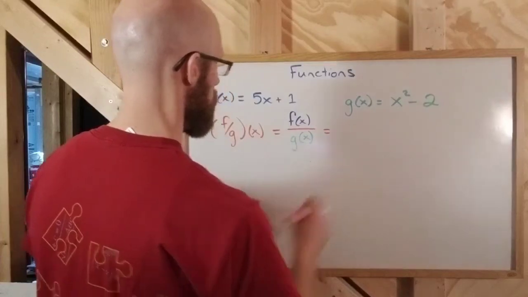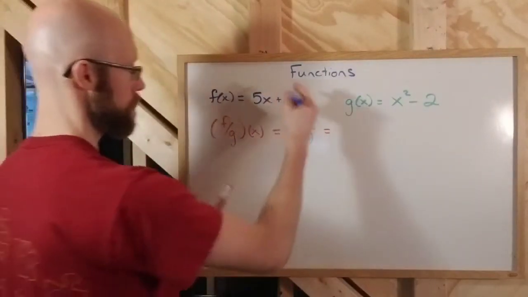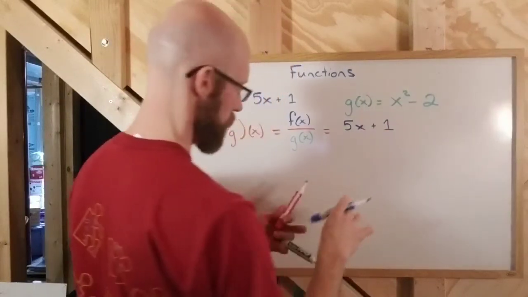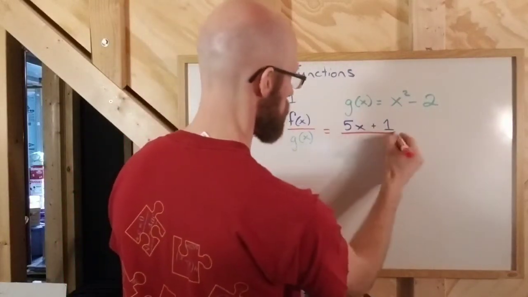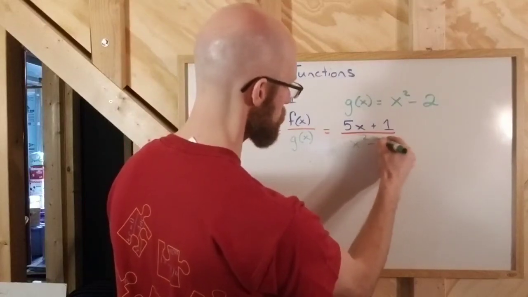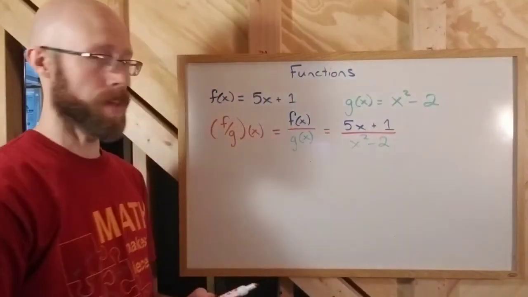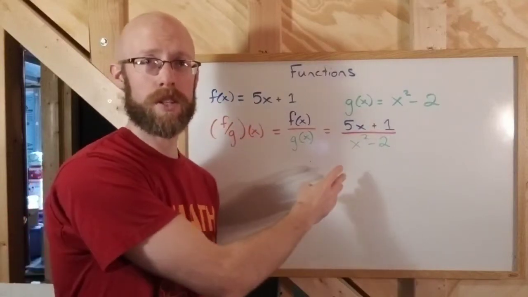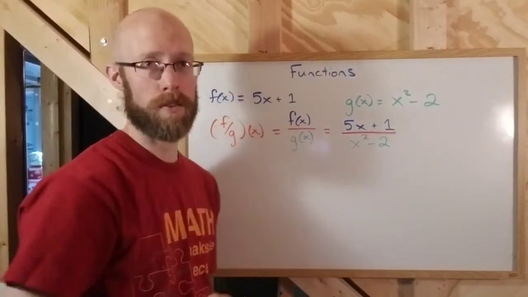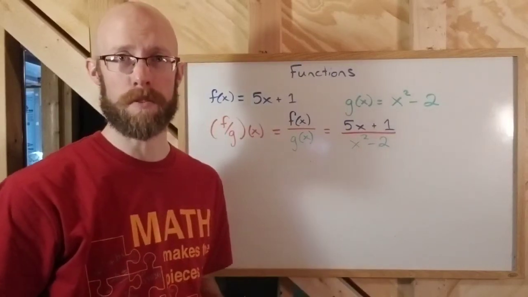Okay, so on that note, I would take, let's see, 5x plus 1 on top. I would write the x squared minus 2 on the bottom. And then I would try to simplify. Well, this function is not going to simplify because neither of these polynomials is factorable. Okay, so I won't be able to simplify it.